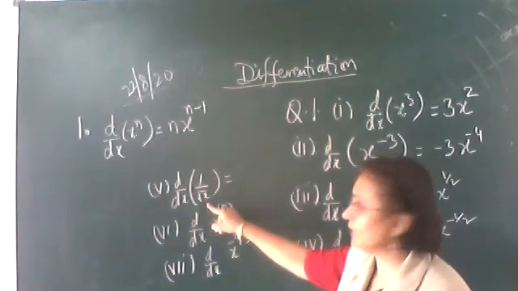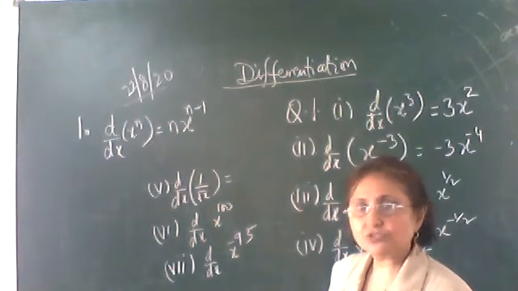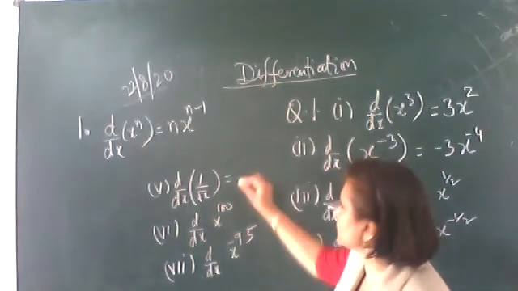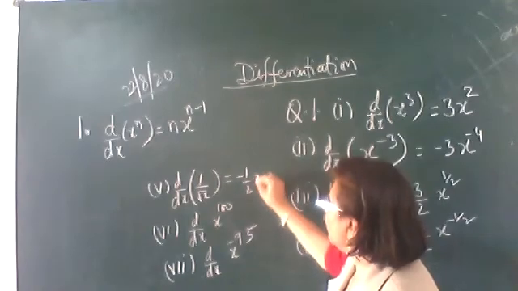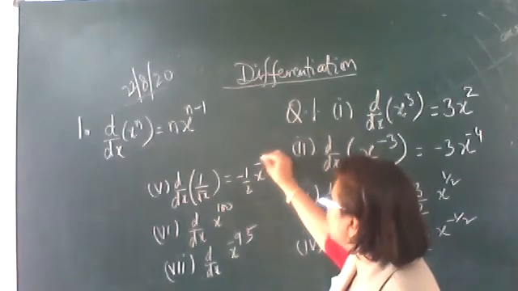It is 1 upon x raised to the power half, so it will be x raised to the power minus half. So what is n over here? Minus half. Minus half x raised to the power minus half minus 1, which is minus 3 by 2.